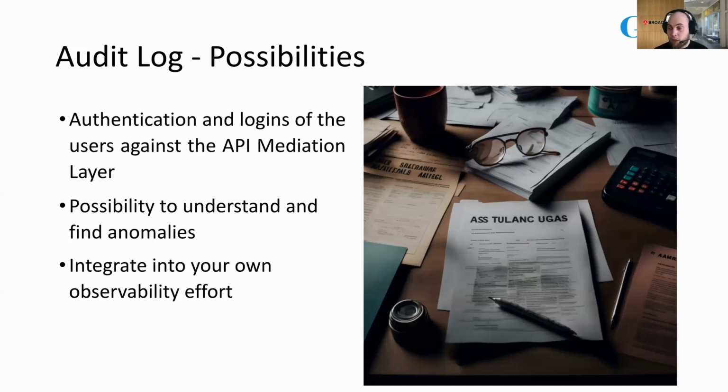And it's easy to integrate if you already have some observability effort, because usually you can use Logstash and all its adapters to push it to basically anything. We are internally using it to push the data to Kafka, and as another option, we are also feeding it into Kibana and Elasticsearch to be able to work with the data.